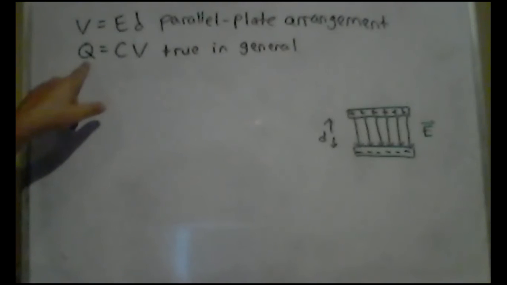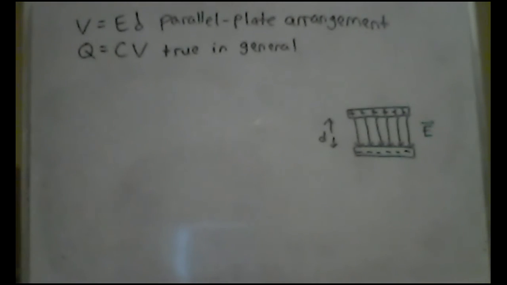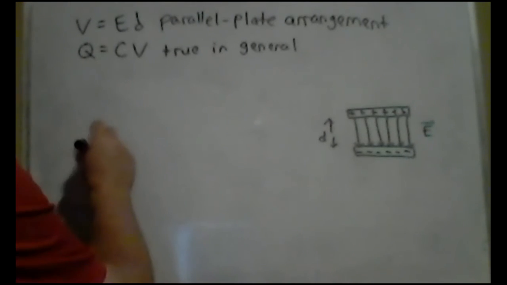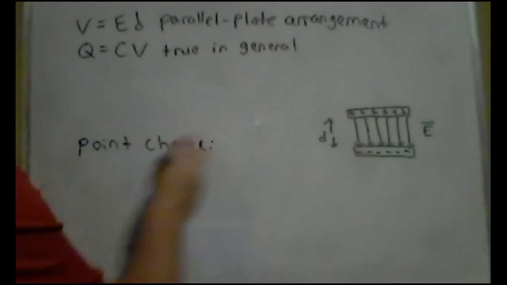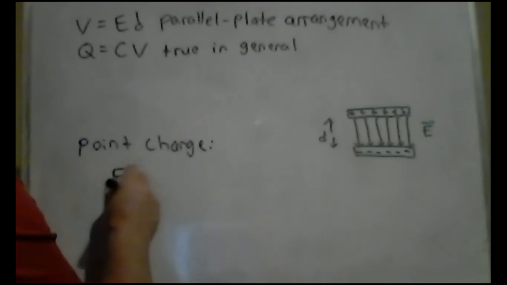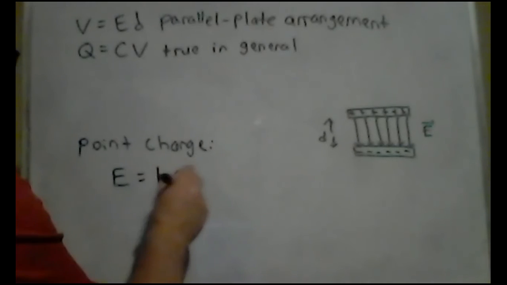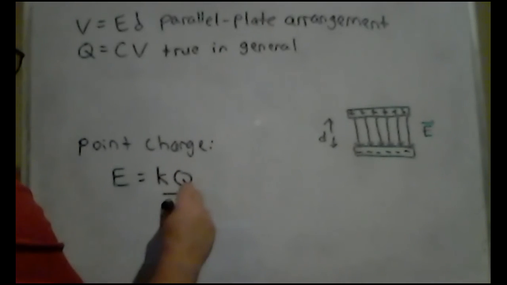So I need to be able to combine these two, and basically combine the charge. The only thing that they would have in common would be the charge, and so I need to be able to express the electric field in terms of the charge. Well, we only know how to do that in one situation at this point, and that is for a point charge. For a point charge, we know that the electric field is KQ over R squared.